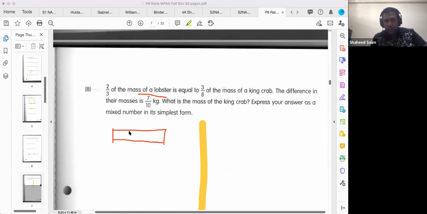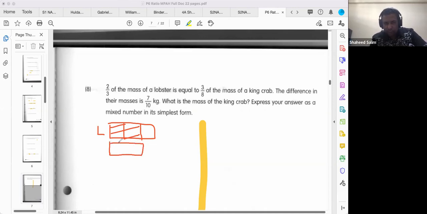L for lobster, we put L. I'll try to draw nicely. This is called lobster. Lobster 2/3. This 2/3 of the lobster's mass is equal to 3/8. This part is going to be 3.